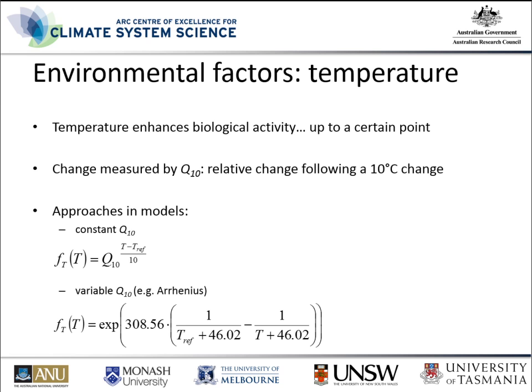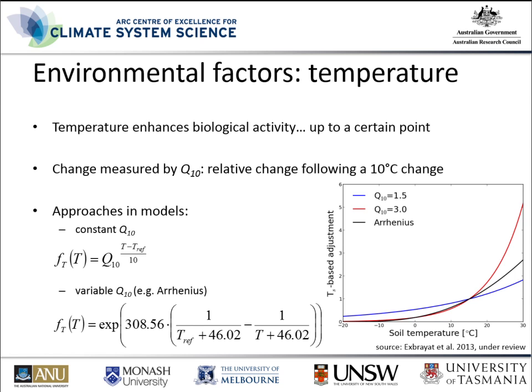We have other approaches that are called variable Q10 and actually don't rely on Q10 themselves, and this is one example, the Arrhenius function. And if you plot those in a temperature and value of this thing space, you see that choosing different Q10, so here in blue and red, can give you quite different shapes into the activity.